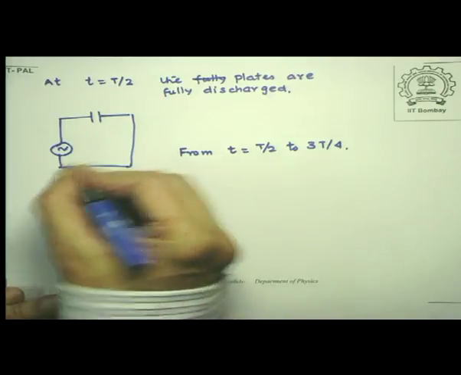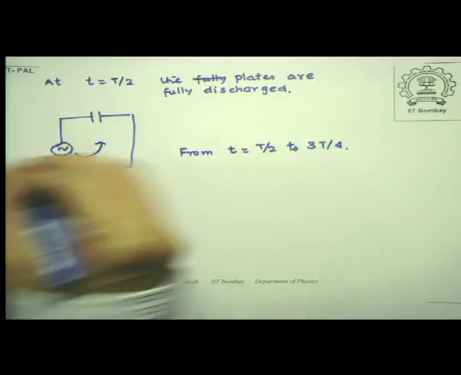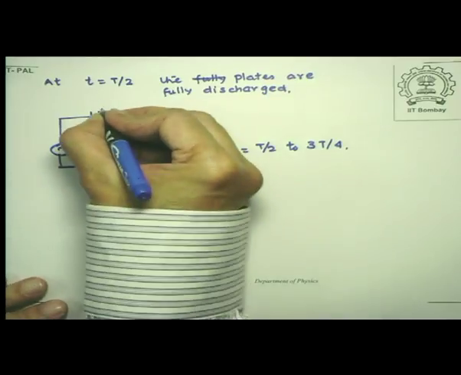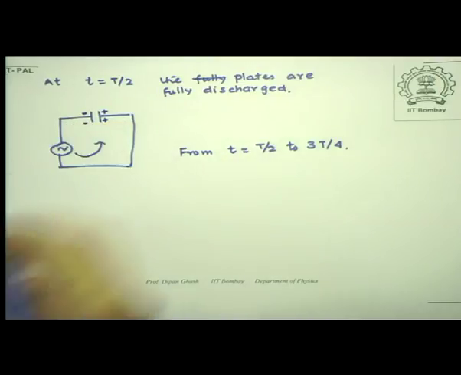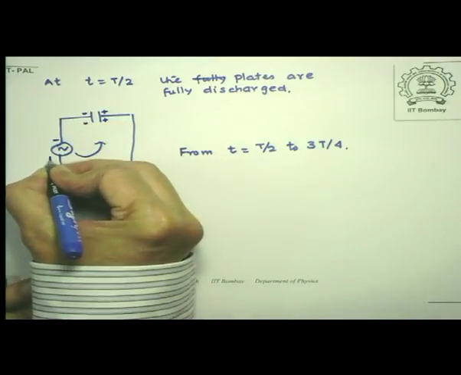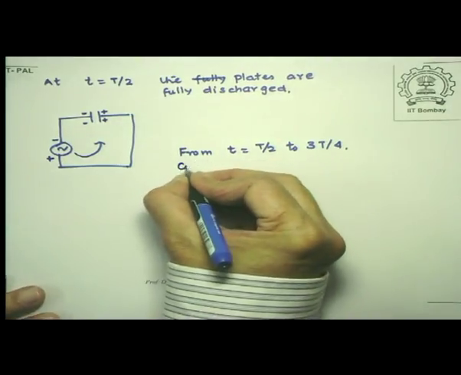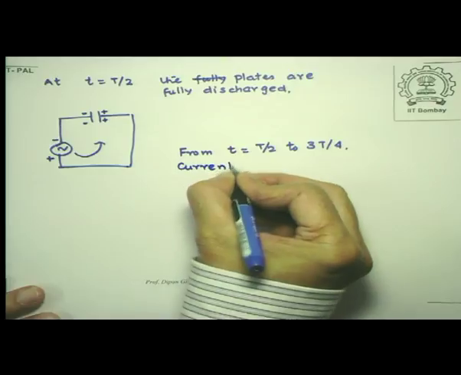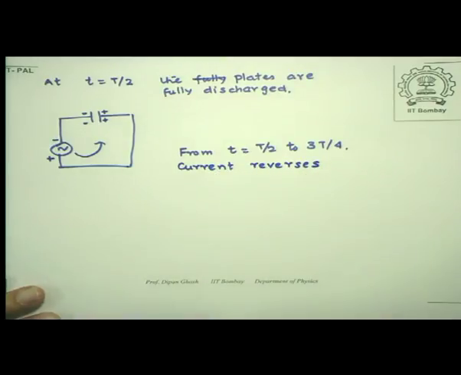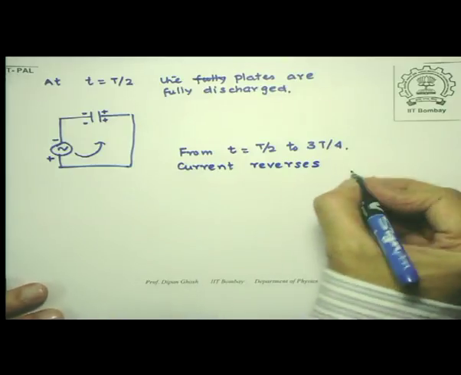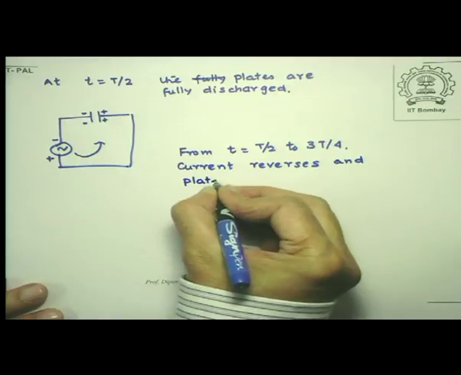So the current would now flow in this direction, making this plate positive and that plate negative. So this side was minus, this side is plus. So the current reverses in direction, and plates are charged in the opposite direction.